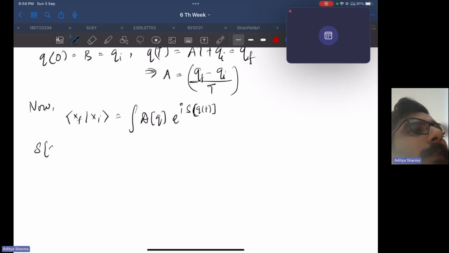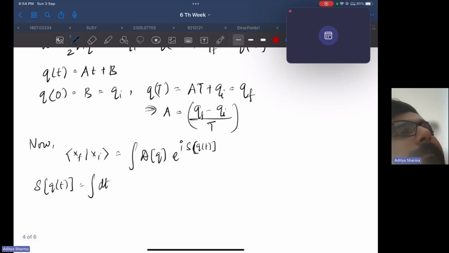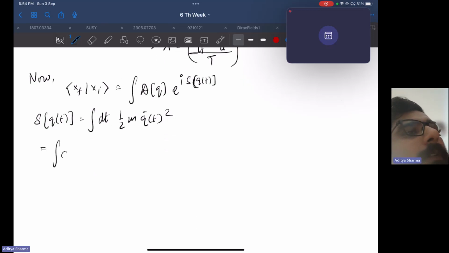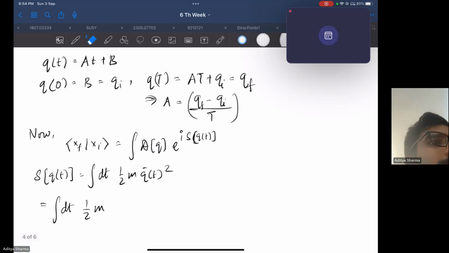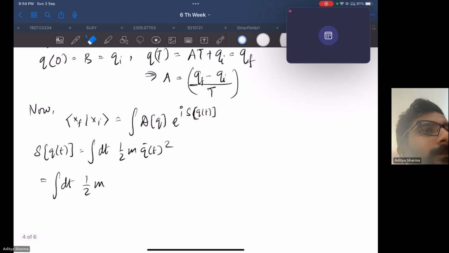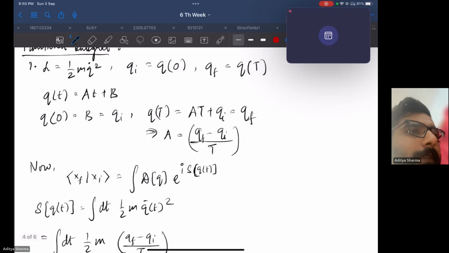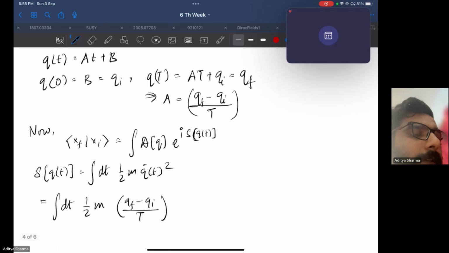Now S of q t will be written as the integral over dt half m q dot squared, which is the integral dt half m, where q dot of t is qf minus qi by t, of m at plus b is qi.